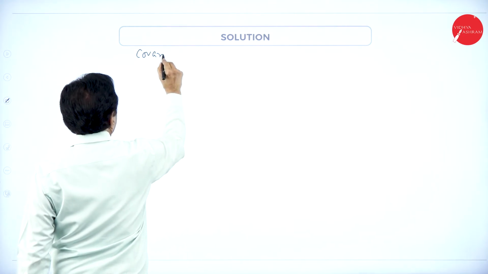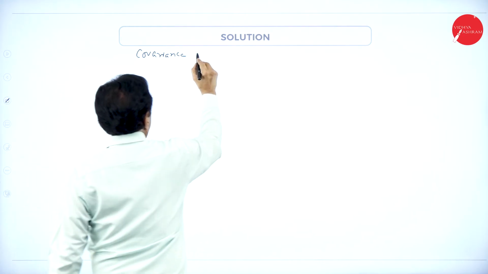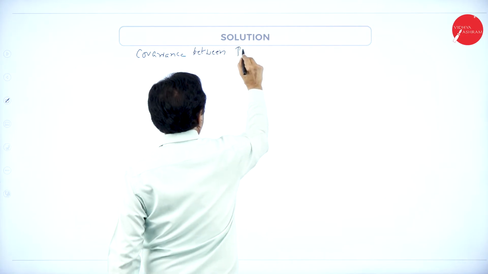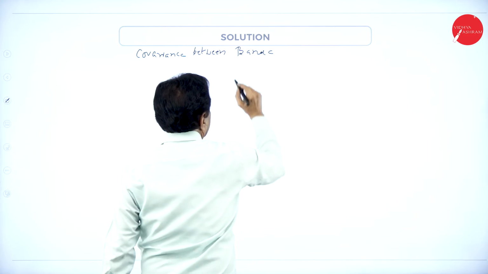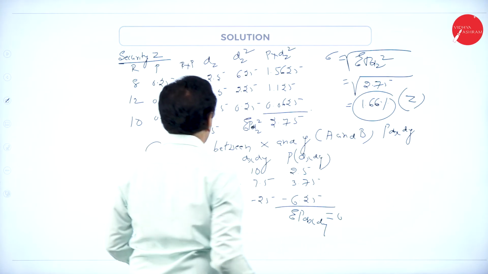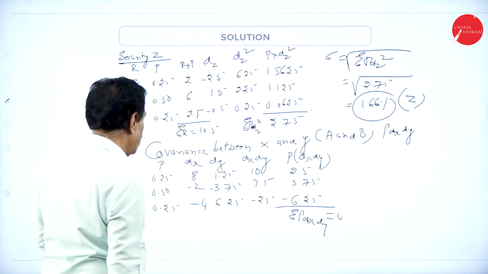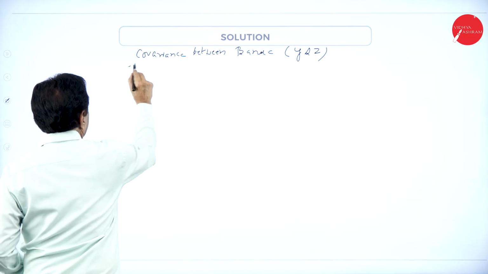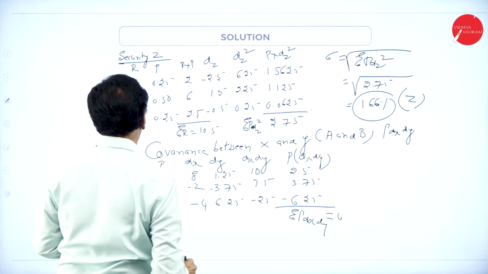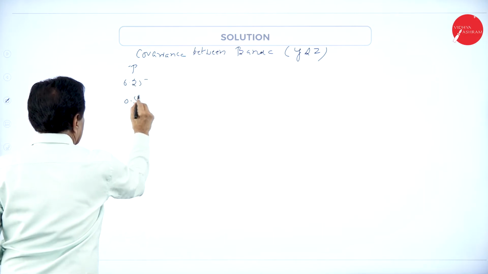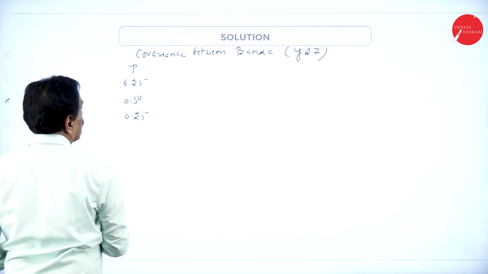Then covariance between B and C, that is y and z. We take the probability first: 0.25, 0.50, 0.25.